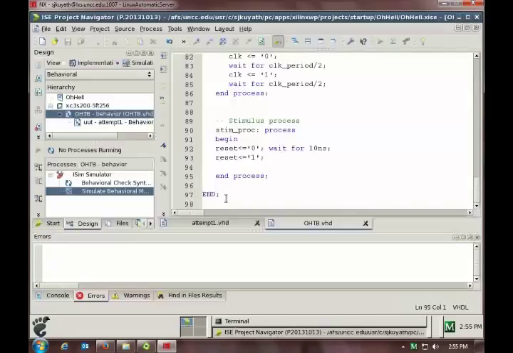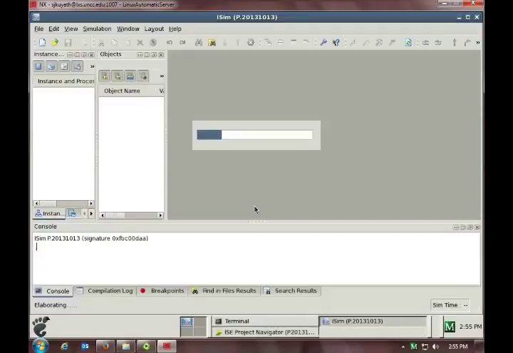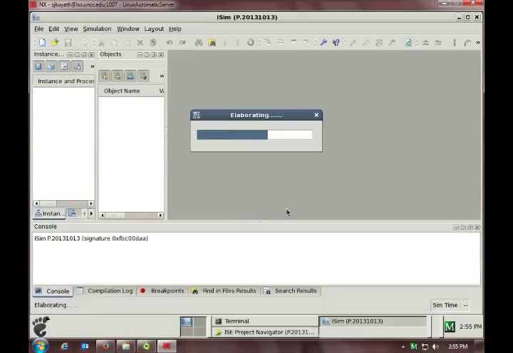Yes, I really want to do this. I don't tell it to wait for a certain amount of time. I just tell it to wait for that. And then simulate the behavioral again. Now, I'm hoping that what I see is this little bit of low for 10 nanoseconds and then high for the rest of the time that it runs.